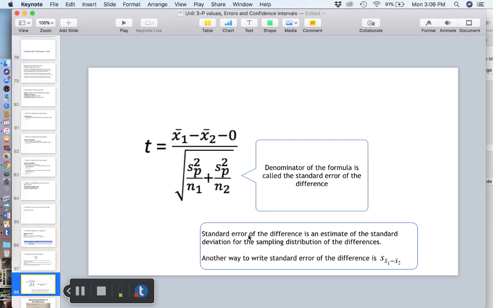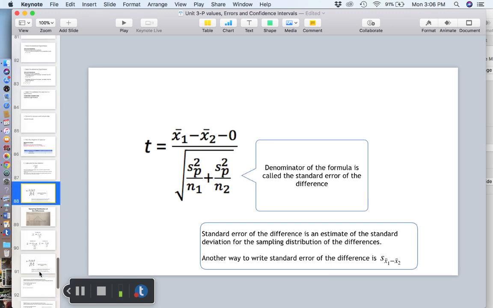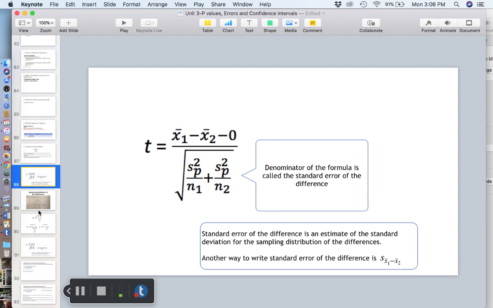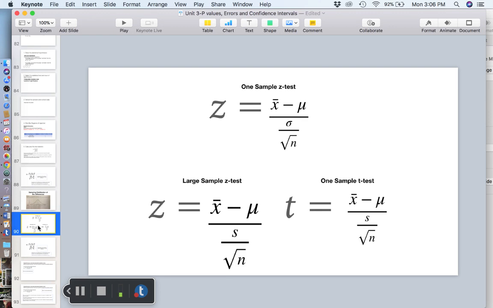Now, our standard error of the difference is the estimate of the standard deviation for the sampling distribution of the differences. So some of you are probably like, Dr. Major, what in the world is a sampling distribution of the difference? Remember back to our one sample test and our correlated samples t-test. In those tests, we took our observed sample value, which was our sample mean, and subtracted it from the null hypothesized value, and then we divided all of that by our standard error.